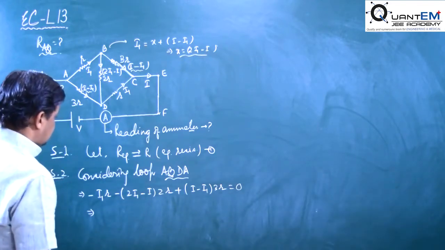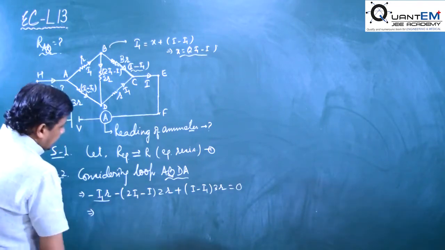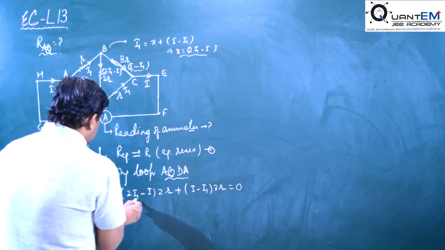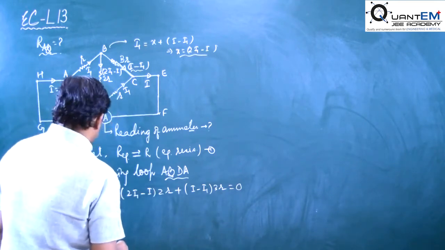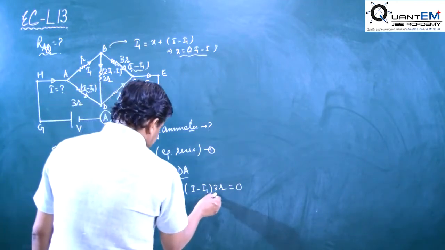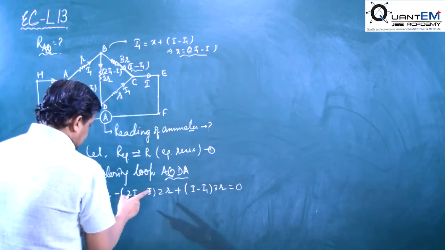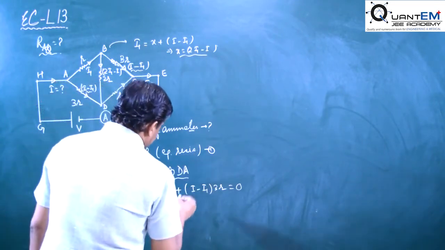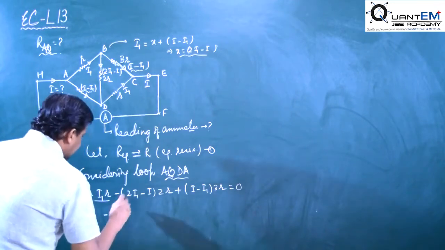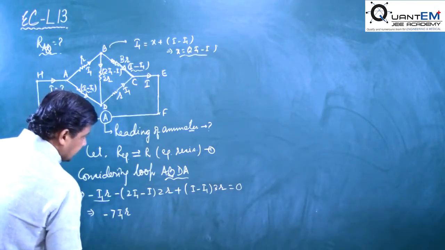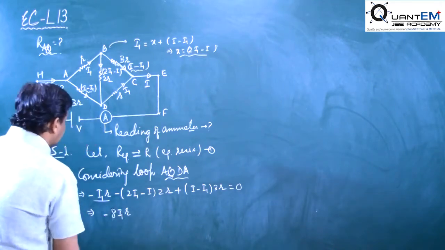Now we get an equation here: minus I1R minus 4 I1R minus 3 I1R, that is minus 8 I1R.